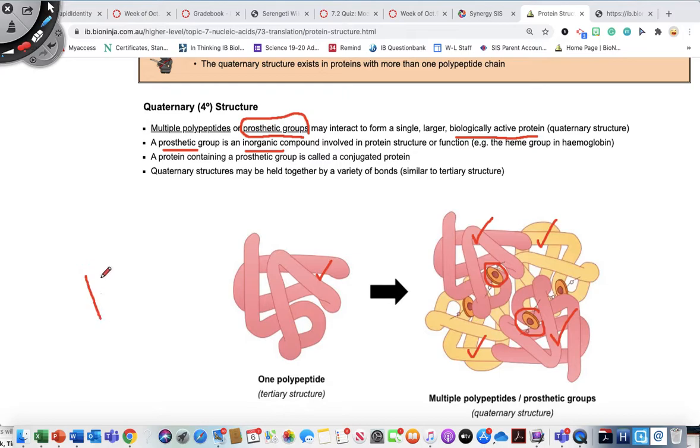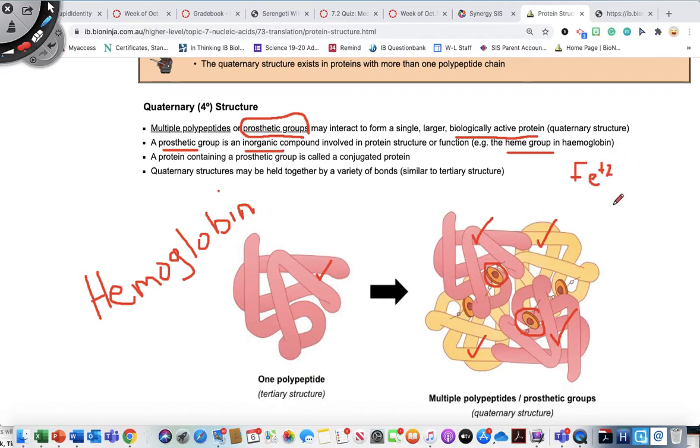So, for example, in hemoglobin, we know that the prosthetic group inside hemoglobin is the heme group. Now, the heme group is made up of iron, right? Because we know that inside our hemoglobin we have iron, right?